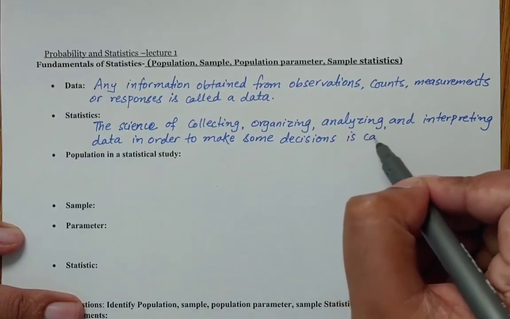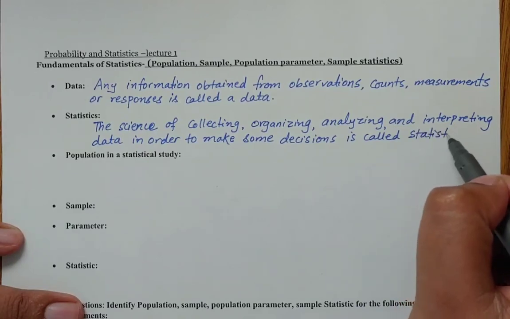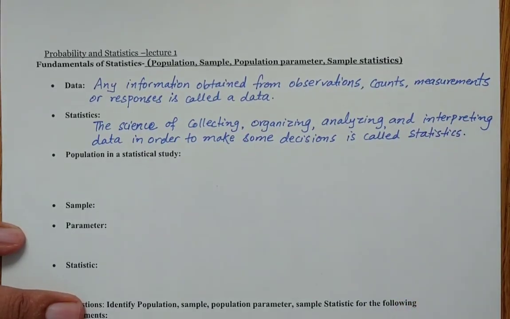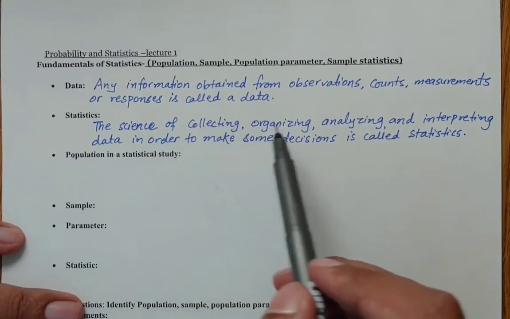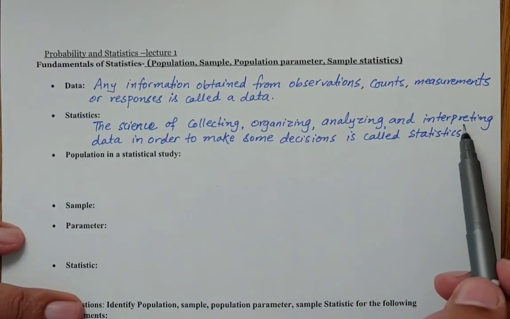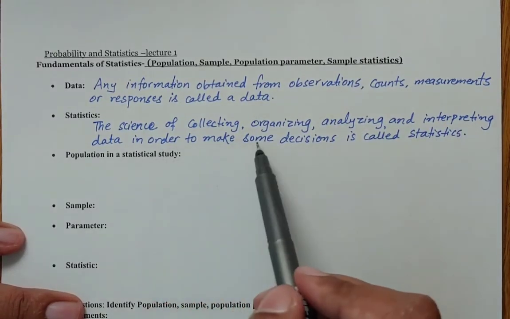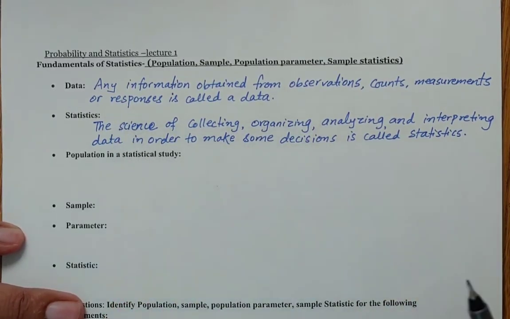It's called statistics. So statistics is the process of collecting and organizing the data, and then analyzing the data, and then interpreting the data, and then making some decision. This whole process is statistics.